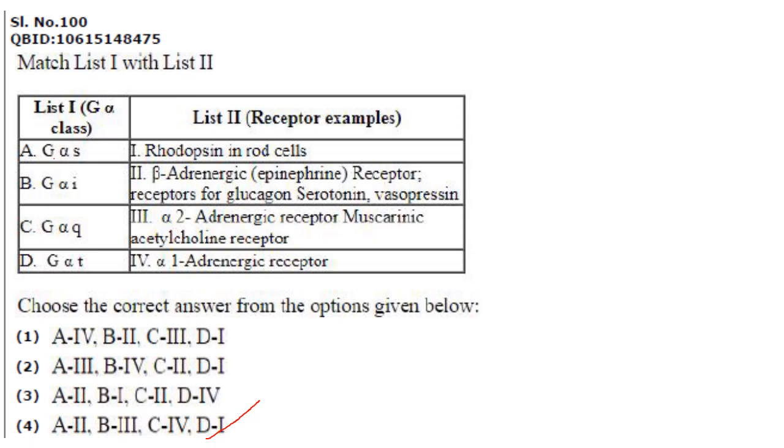G alpha Q, it is alpha 1 adrenergic receptor. G alpha tau, it is rhodopsin in rod cells. So answer here is A2, B3, C4, D1, option 4.